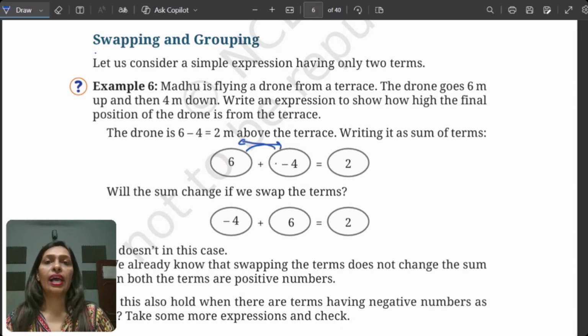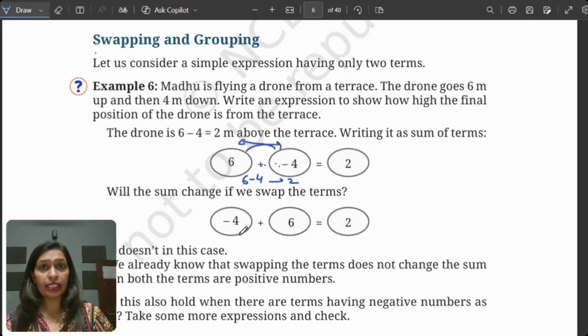This is known as swapping. And now we have to understand whether the swapping of the numbers is going to change the answer or not. Okay, what do you think? Is it going to change the answer? We can check it out, right? So it is 6 plus minus 4, which gives plus minus minus, so it's basically 6 minus 4, that is 2.